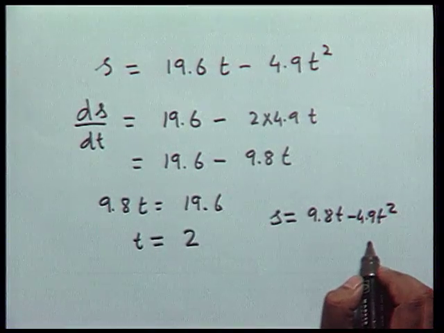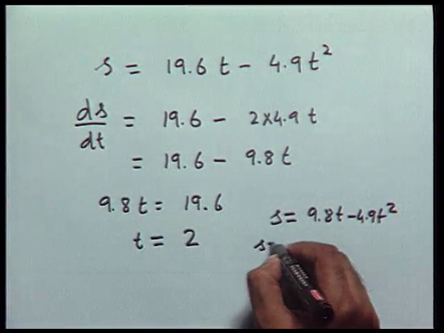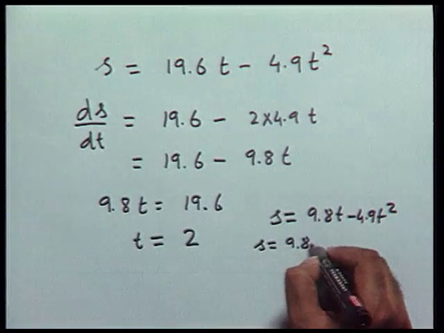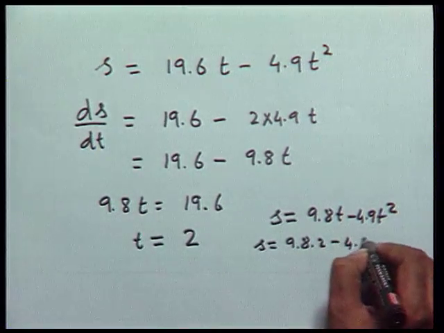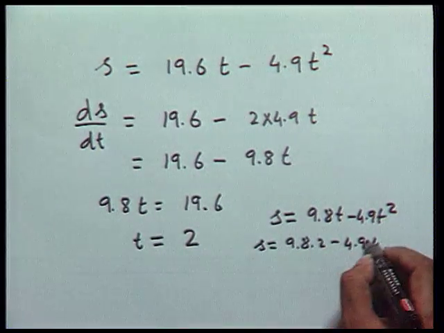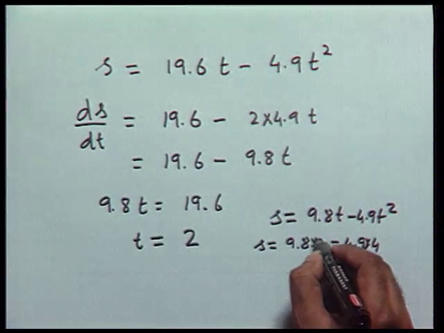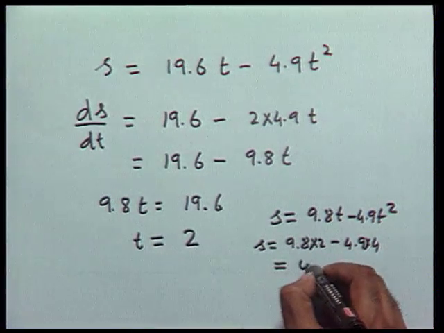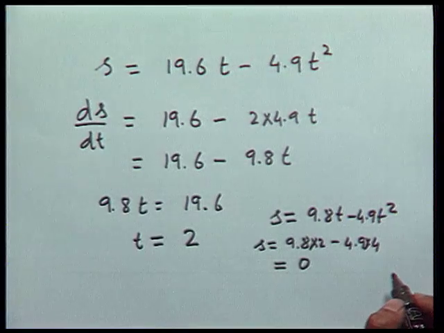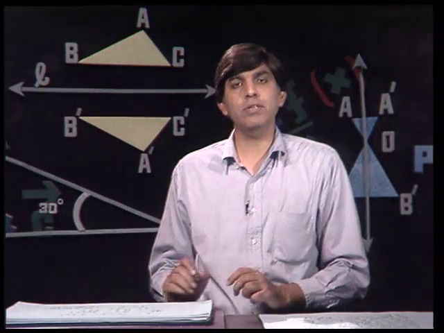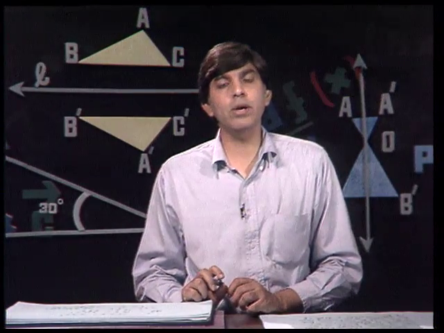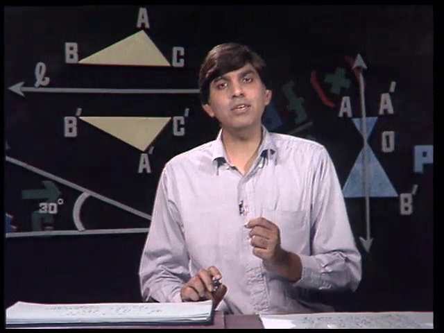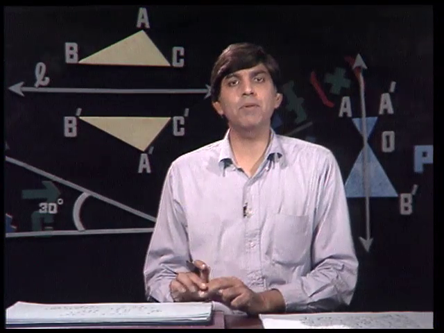If you put t equal to 2, you get s equal to 9.8 into 2 minus 4.9 into 4, and that turns out to be 0. So, the height of the second stone is 0. In other words, the second stone reaches the ground when the first stone has reached maximum height. You found that out by a simple application of derivatives.